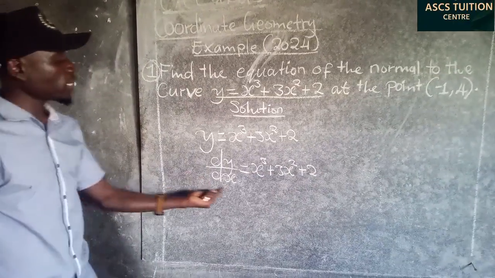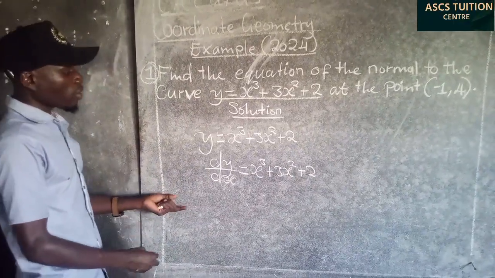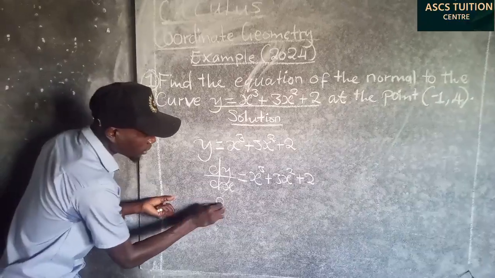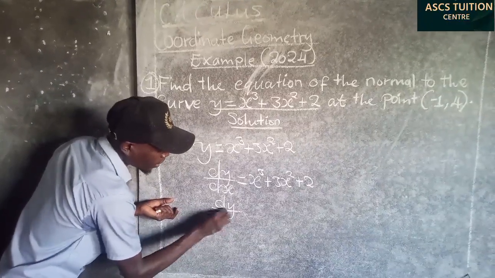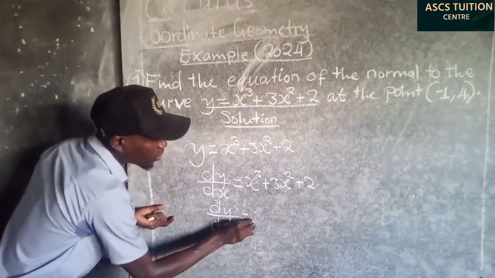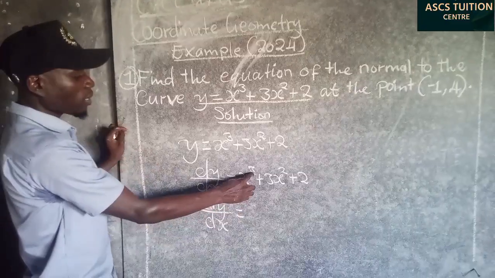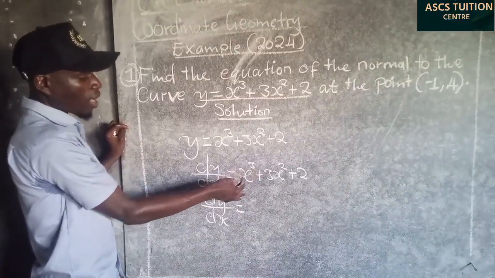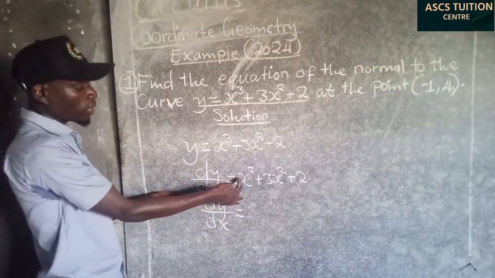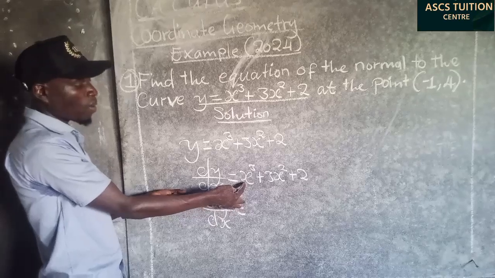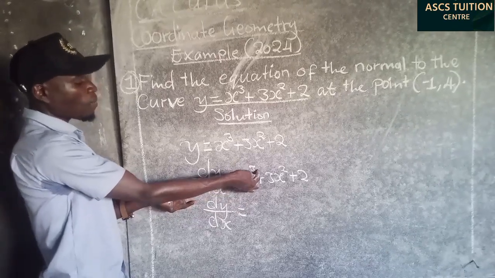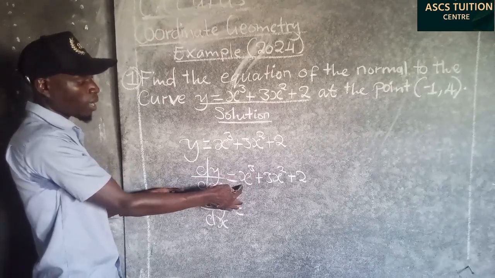Okay, after writing this, you will say again dy over dx is equal to, you will get this power and multiply with the number which is in front of this variable, or you get this power multiplied by the coefficient of this variable.